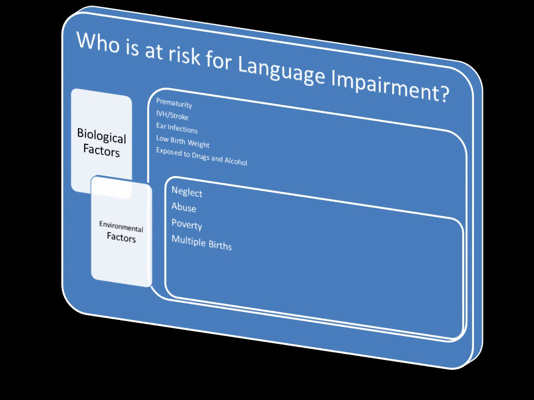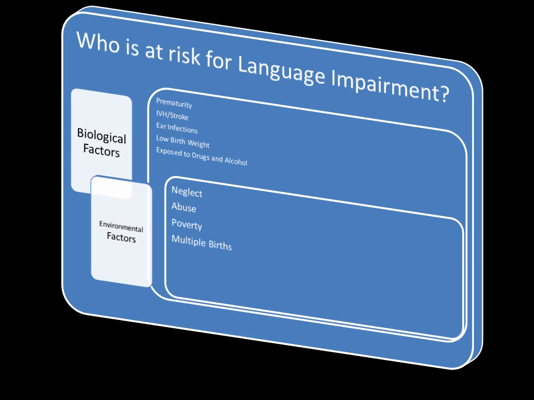Certain biological factors and environmental factors impact who is at risk for language impairment. These biological factors include prematurity. If a baby is born premature, they can often be at risk for language impairment because they're going to be developing at a different rate, or maybe developing some milestones at a different rate.